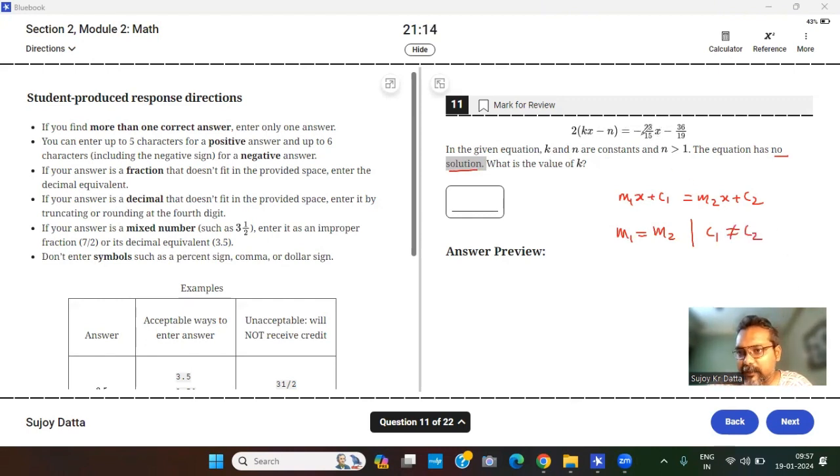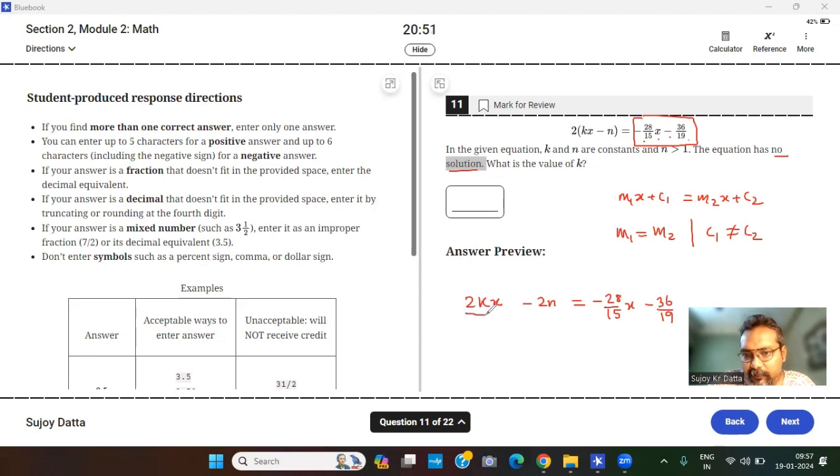So here we'll need to express both sides in that form. Look, this side is already in the form mx plus c. But this one is not. So we need to rearrange and distribute the 2, and see what we get. So 2kx minus 2n is negative 28 over 15x minus 36 over 19.